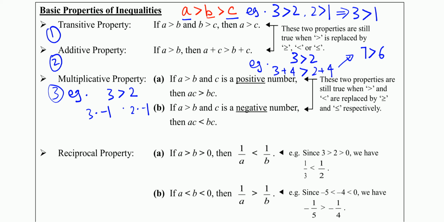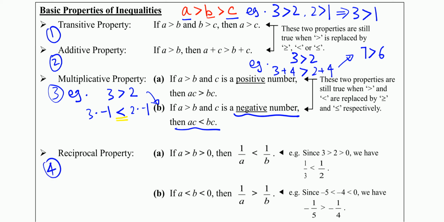You should change the direction, and that is something you really have to concern. And okay, so this is part B. The example is for property 3, the multiplicative property part B here. So please remember that this is very important.